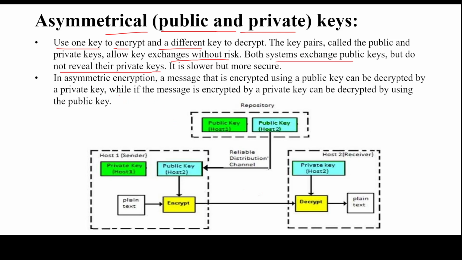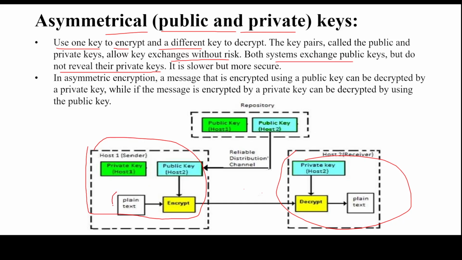Now, how can we say it cannot crack the algorithm? See this diagram. Here one sender is sending some encryption or ciphertext to the receiver. In this case, see, two keys are used, the public as well as the private.